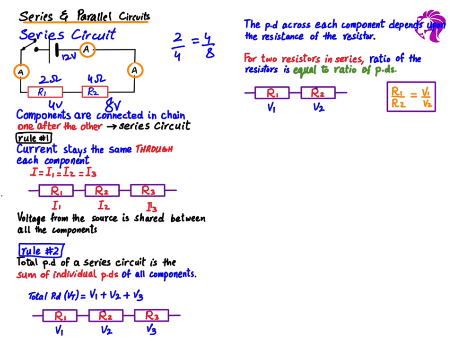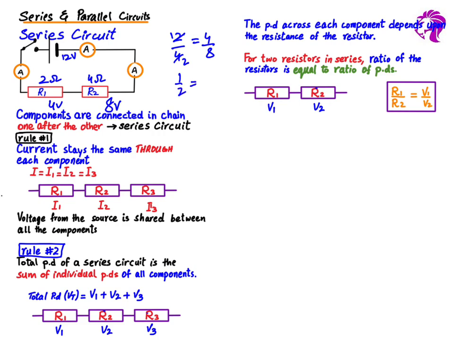So what do I mean by that? See, this was 2 ohms, this was 4 ohms. So what's the ratio of resistances? 2 upon 4. What's the ratio of voltages? 4 upon 8. If you simplify 2 upon 4, it will become 1 upon 2.